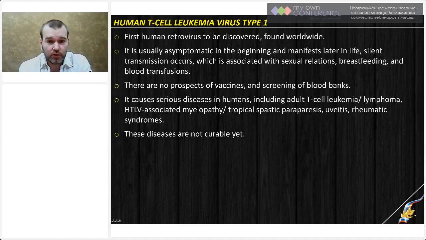So if we talk generally about oncogenic viruses, of course, the only options for treatment of cancer are surgical therapy, X-ray therapy, and chemotherapy, and common measures of cancer therapy are applied for those viruses as well. We don't have any cure for oncogenic viruses.